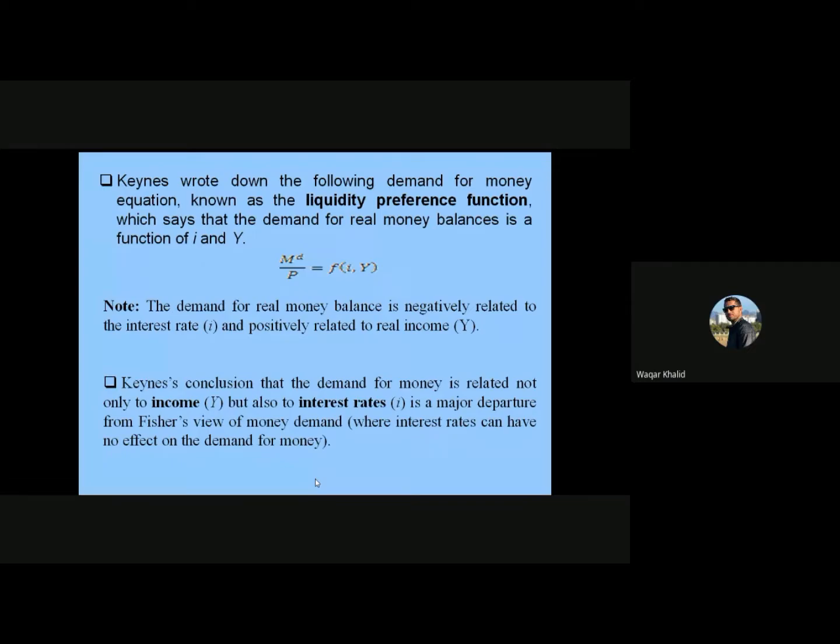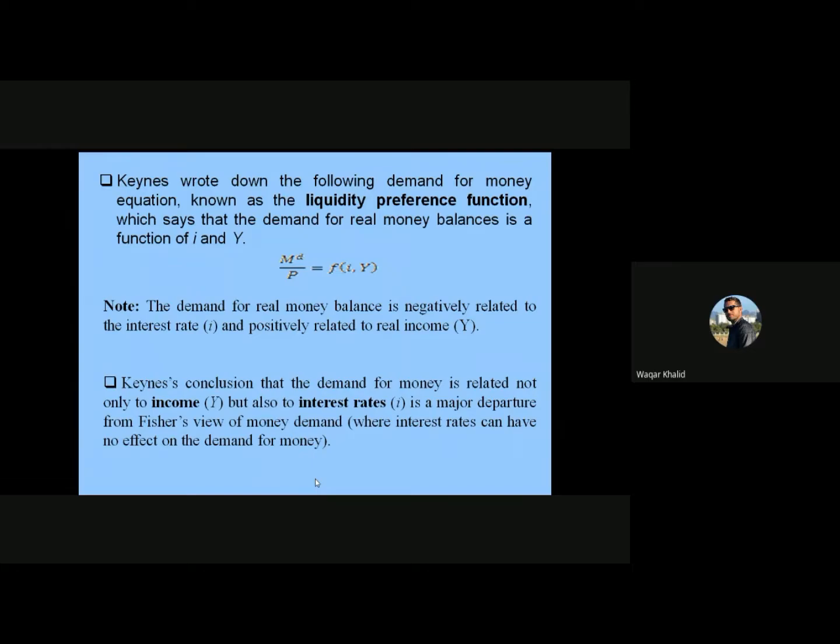Keynes' conclusion that the demand for money is related not only to income but also to the interest rate is a major departure from Fisher's view of money demand, because in the Fisher quantity theory of money, income is the only determinant of the demand for money.